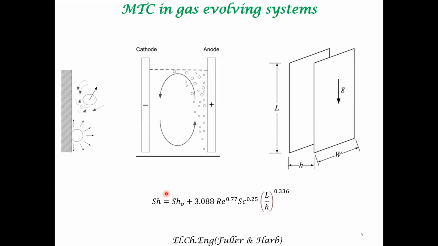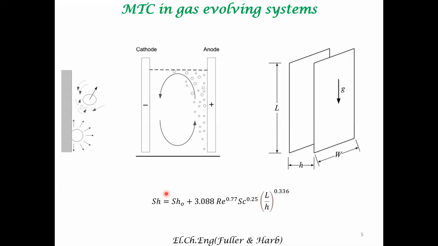But in case you deal with such systems, there are some specialized books in chemical engineering dealing with multi-phase reactor design. And there are some books in electrochemical engineering that deal with these kinds of concepts.